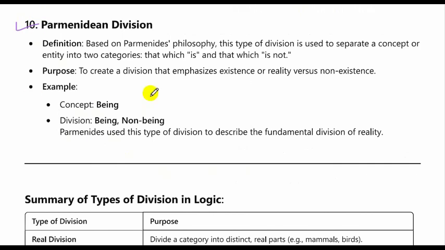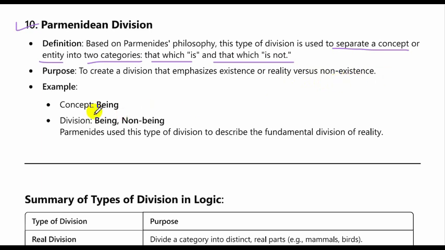Parmenidean division. Based on Parmenides' philosophy, this type of division is used to separate a concept or entity into two categories, that which is and that which is not.